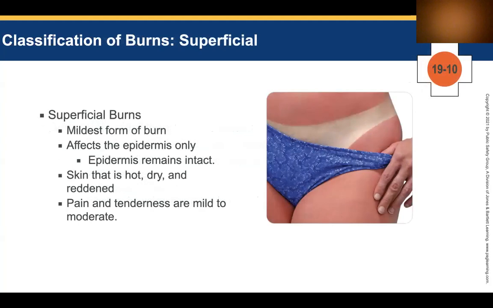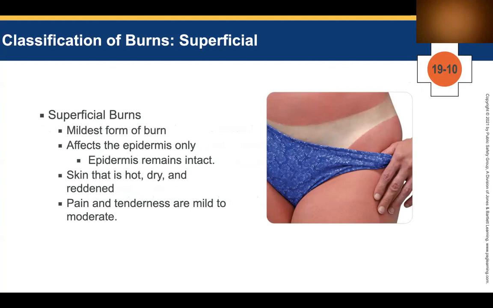Okay, superficial burns, the mildest form of burn, affect the epidermis only. The epidermis remains intact. Skin is hot, dry, reddened, with pain and tenderness mild to moderate. God bless you if you've never experienced a sunburn, but for those that have, it can be very painful.